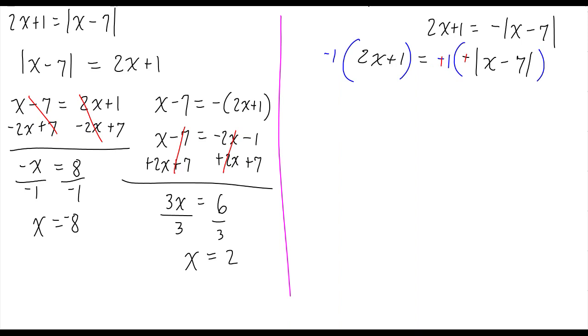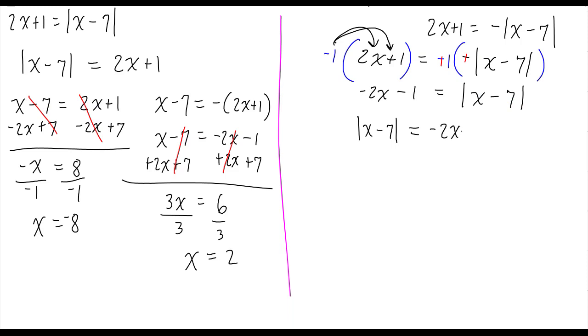Okay, and if I distribute the negative on the left side, I get negative 2x minus 1 is equal to the absolute value of x minus 7. And then like before, I will flip this around to make it look a little more normal. Okay, so now I have a setup. Absolute value of x minus 7 equals negative 2x minus 1. Okay, so just like before, this can yield two results.